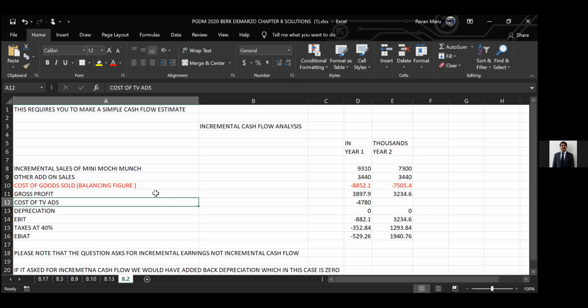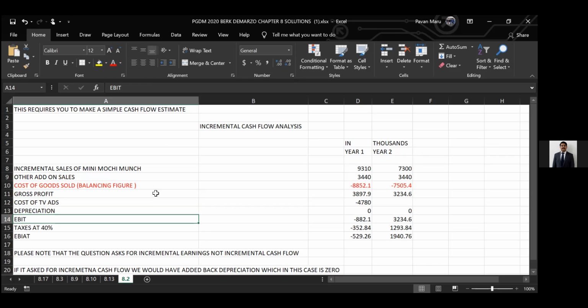Then I had some cost of $5 million according to the question. And then I remove depreciation if it is there. I remove depreciation, so I get EBIT. Now, after EBIT, I calculate tax. I calculate tax on EBIT always.